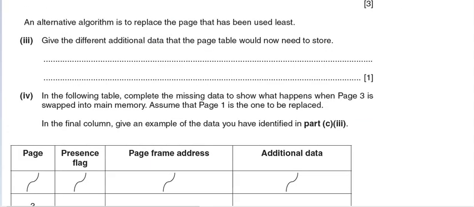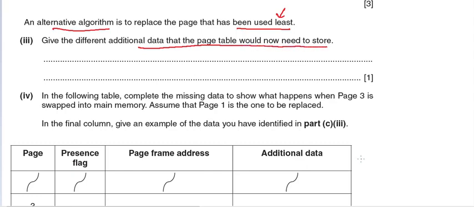Next he says that another possible page replacement algorithm is that we should replace a page that has been used the least number of times. So a page was there in the RAM, but it wasn't used that many times. It was not accessed that many times, it was not read that many times. So give the additional data that we now need to store inside the RAM.